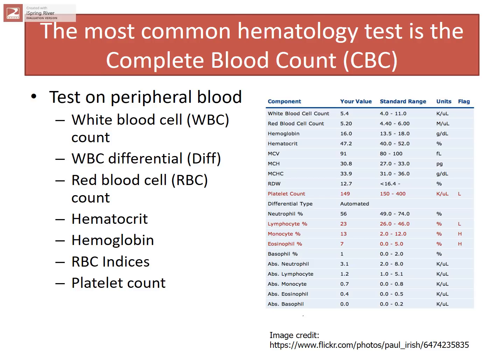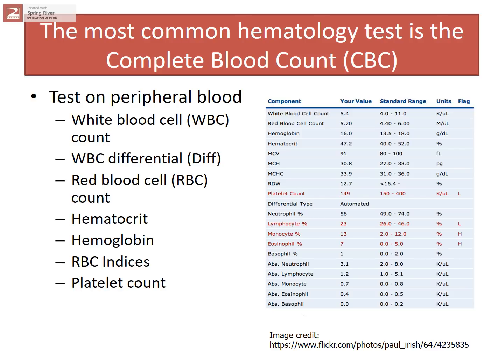The white blood cell count, the white cell differential, the red cell count, the hematocrit, hemoglobin, red blood cell indices, and platelet count. And then if you look at the image on the right, which is an actual printout from a CBC panel, you'll see additional types of tests that are calculated or presented.